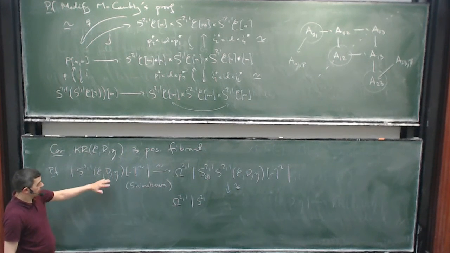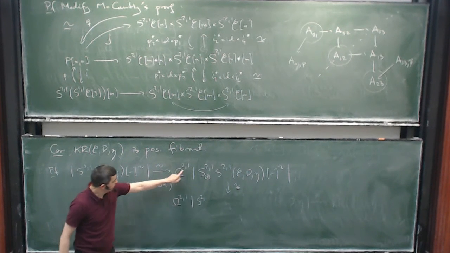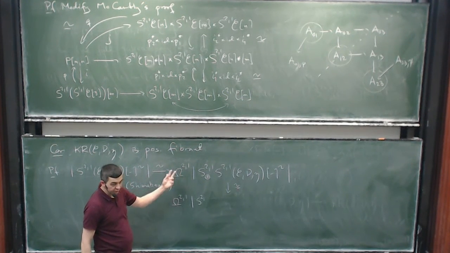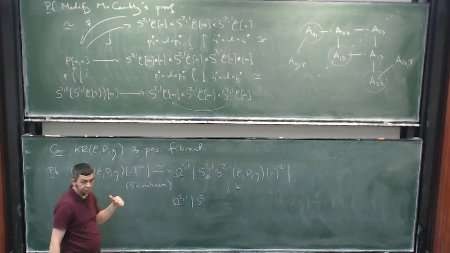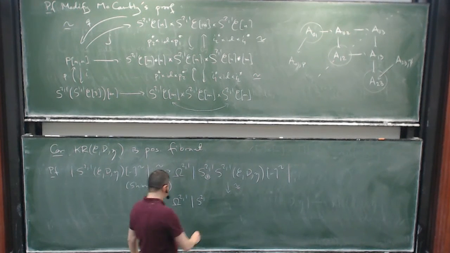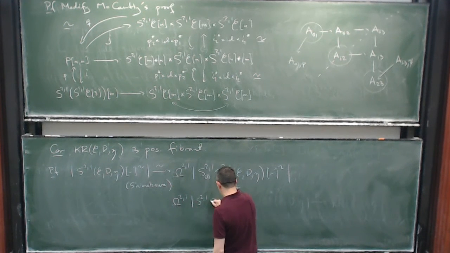You have to be careful if you have S11 here, because you need to have a trivial line in your representation to know this thing. Okay, and so now let's flip the two.